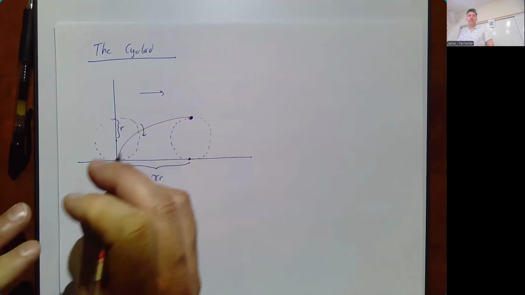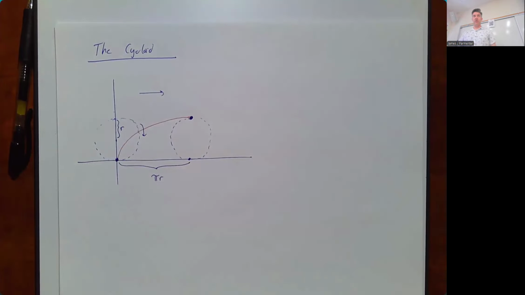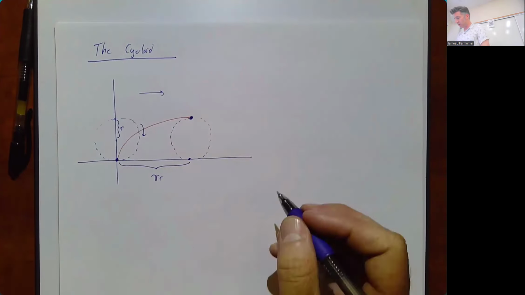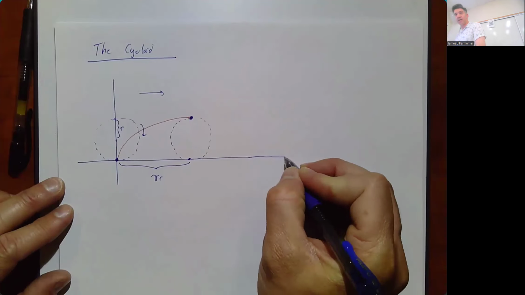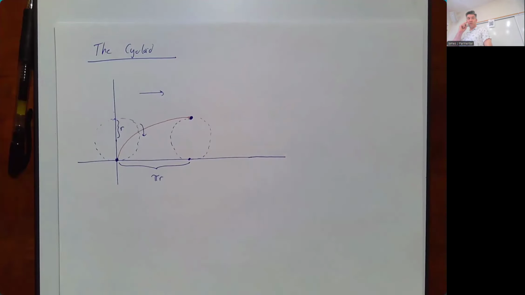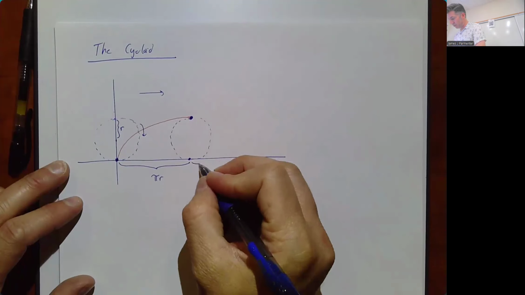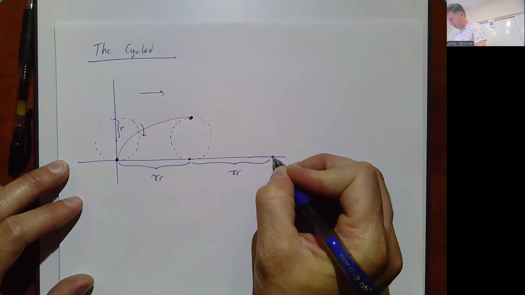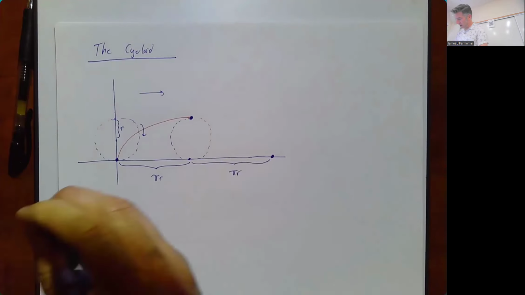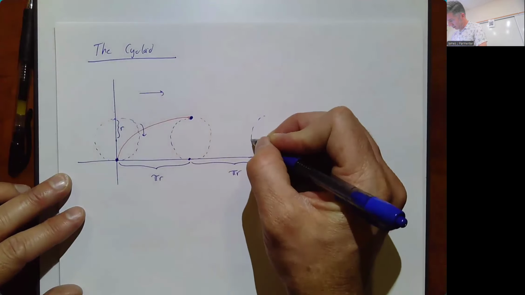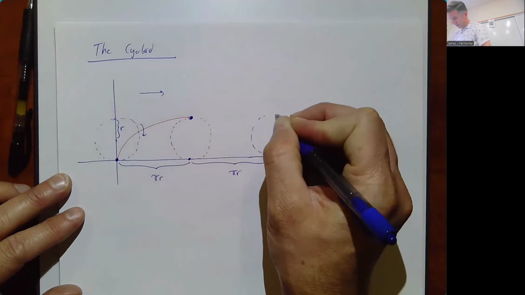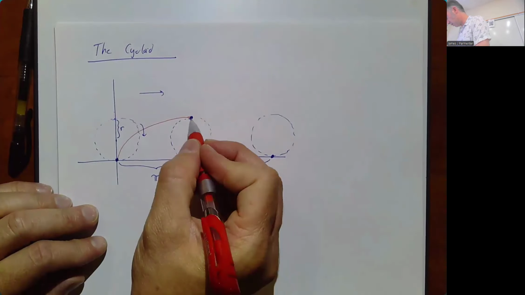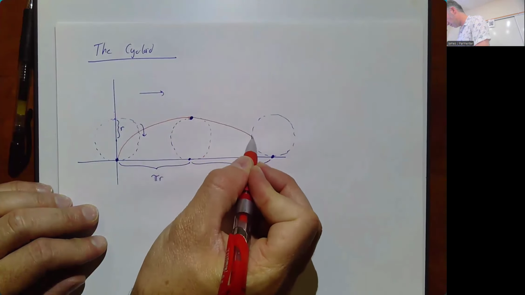And then after another 180 degrees of revolution, or pi radians, we're going to end up back in the same orientation we were at the beginning, where the stone is on the bottom of the wheel. Over here, the stone's going to end up back on the bottom. Should be symmetric.